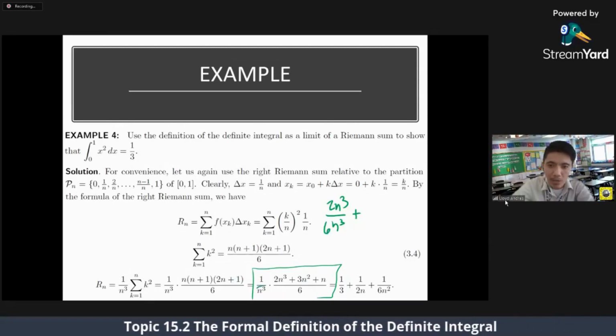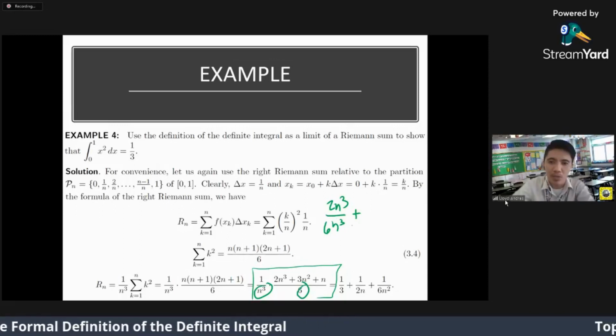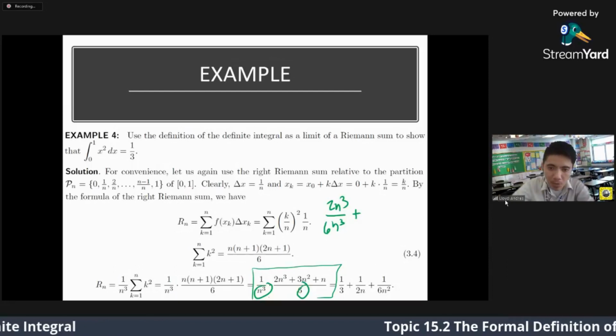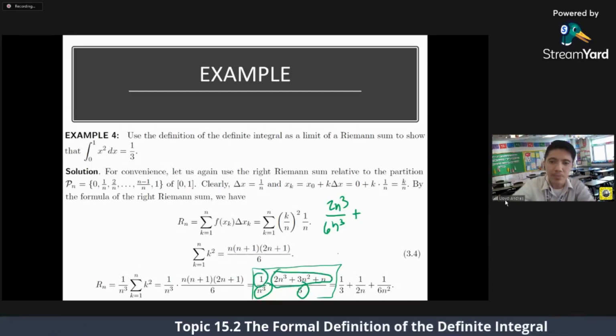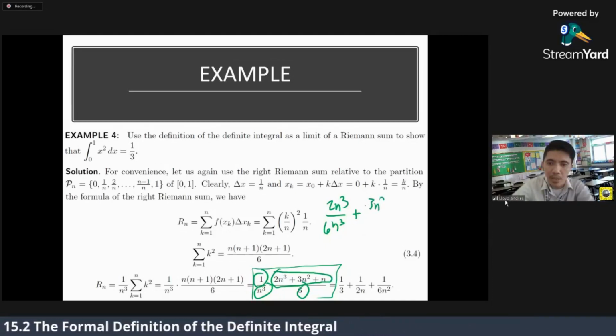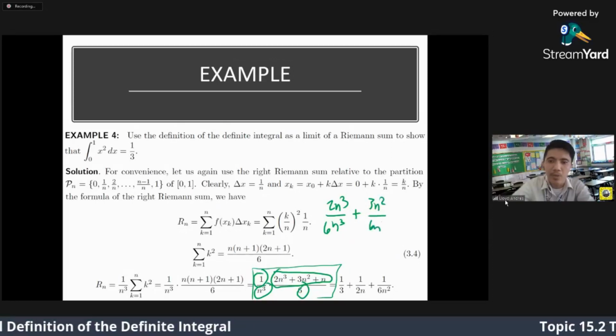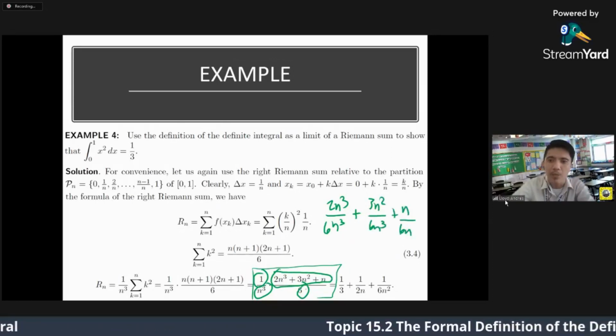Ang denominator nato is 6n cubed, so isa-isahon nato sila divide og 6n cubed.